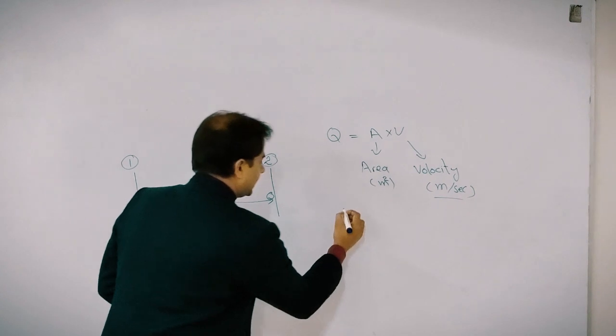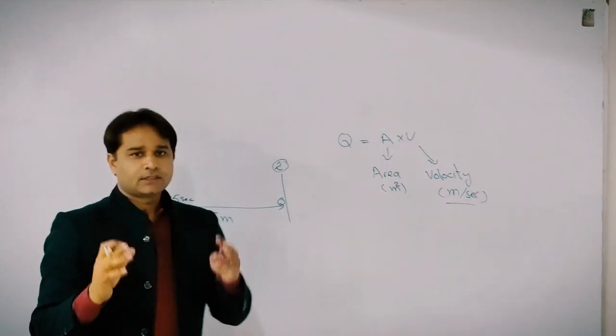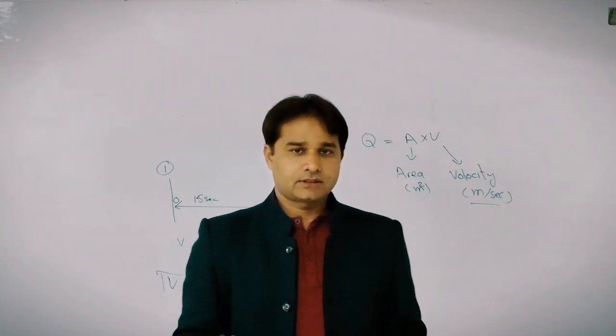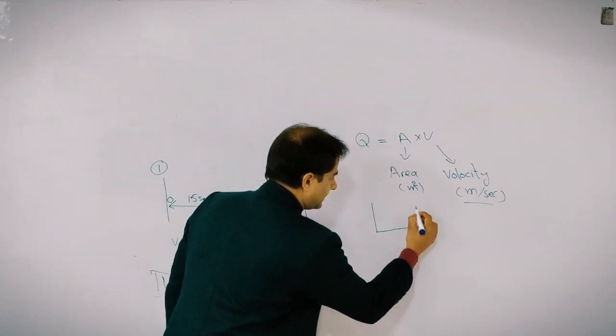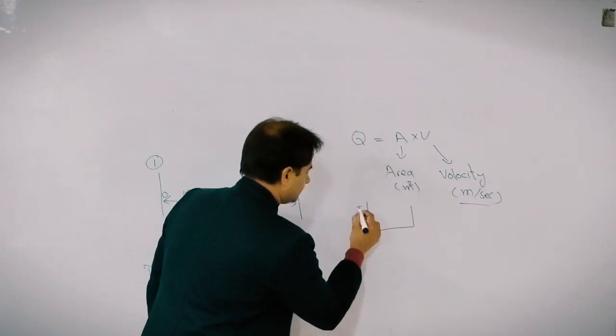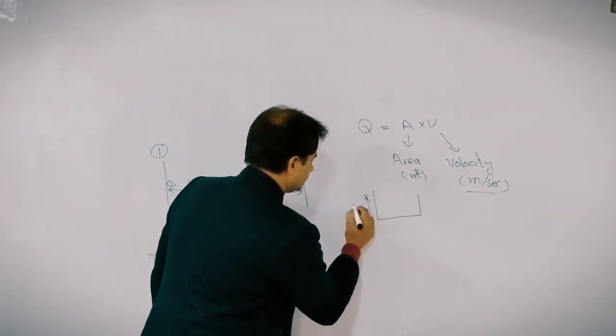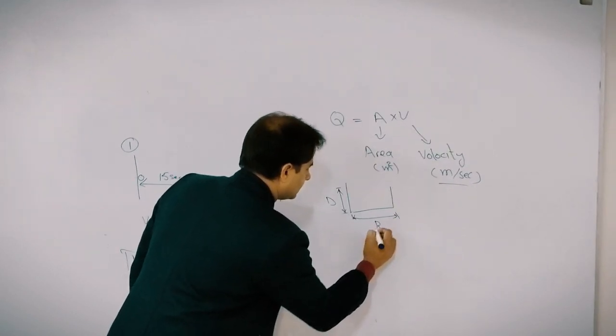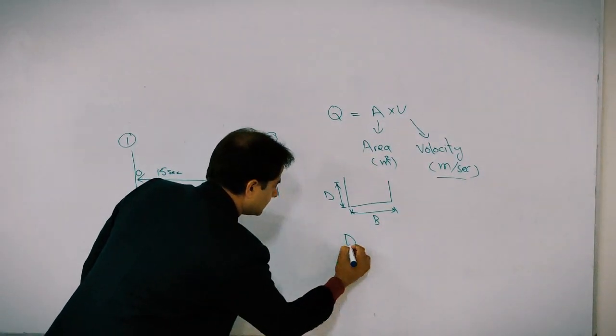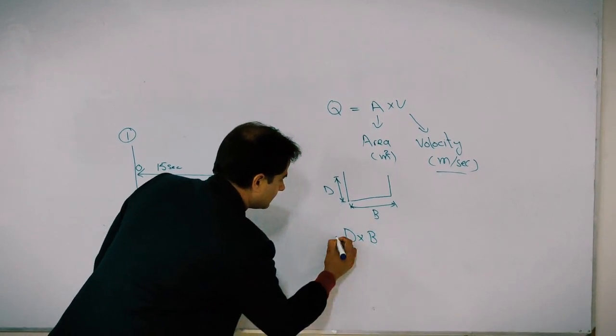Because our section was rectangular, for a rectangular section the cross-sectional area is calculated as depth into breadth.